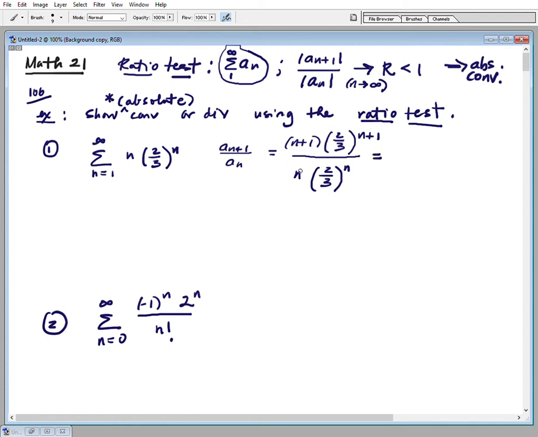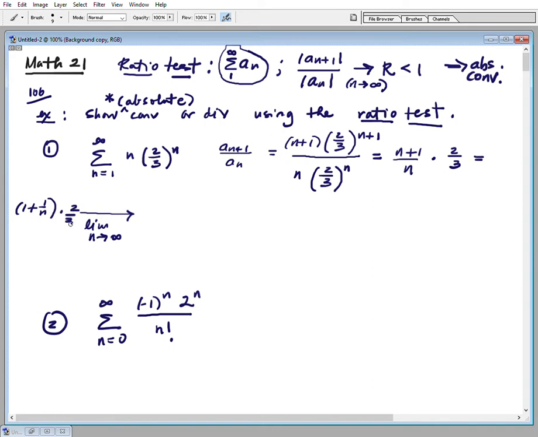So we can just divide here. Here we have n plus 1 over n, and here we have 2/3. Before we take the limit as n goes to infinity, divide n into n, and we have 1 plus 1 over n times 2/3.